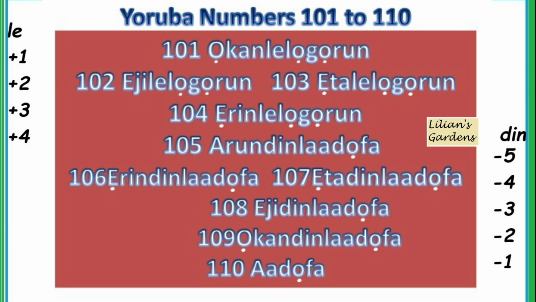Nǹkan tó dẹ̀ wà níwájú ẹ̀ ní àádọ́fà, 110. Ìyẹn lẹ ṣe máa pè ní àrúndínláàádọ́fà, ẹ̀rìndínláàádọ́fà, títí tẹ́ fi máa dé orí àádọ́fà.